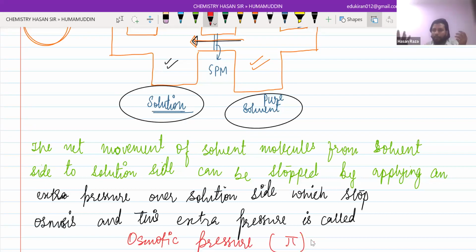So you have the solvent side and the solution side, and the flow of solvent from solvent side to solution side can be stopped by applying an extra pressure. That pressure is known as osmotic pressure. So it's very easy, right?